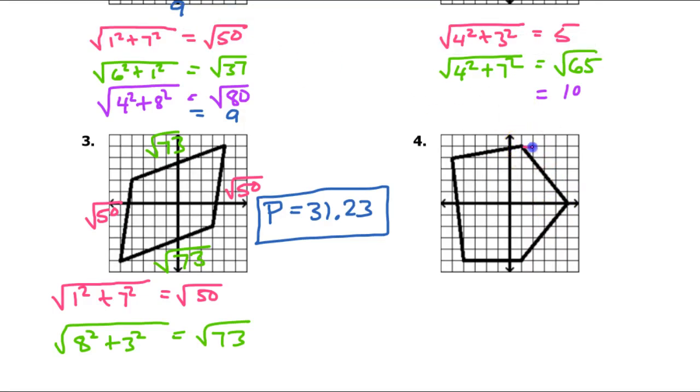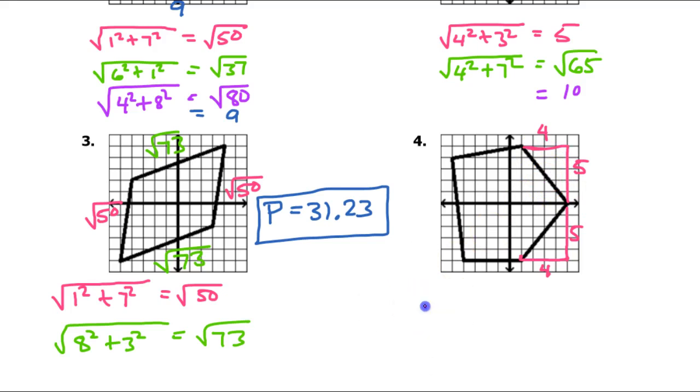So looking at this piece, for example, that's going to be 4 and 5. This would be the exact same thing down here. This would also be 4 and 5, so I'm going to get the same length both times.